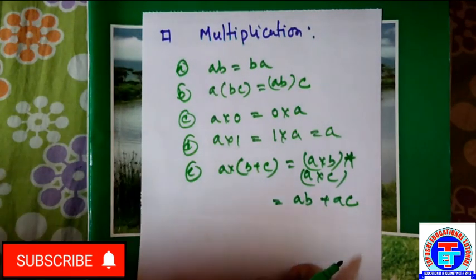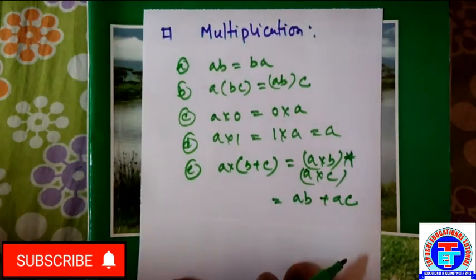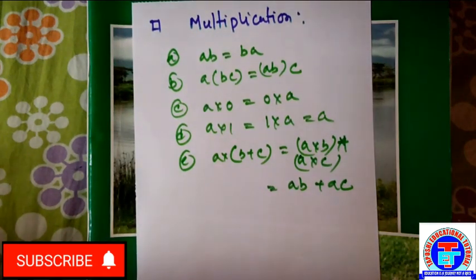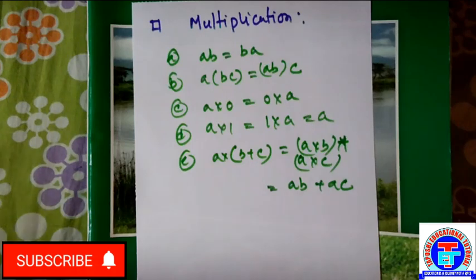Now the multiplication of the monomial. Here the product of two or more monomials is a monomial whose numerical coefficient is equal to the product of the numerical coefficients of the given monomials, right?